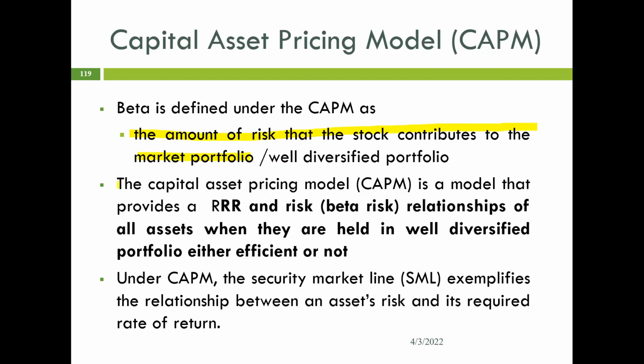The capital asset pricing model, or CAPM, is a model that provides the required rate of return and risk, or beta risk, relationship of all assets when they are held in a well-diversified portfolio. So CAPM shows the relationship between the required rate of return and the systematic risk, or beta risk, when that particular stock is held in a well-diversified portfolio or market portfolio.